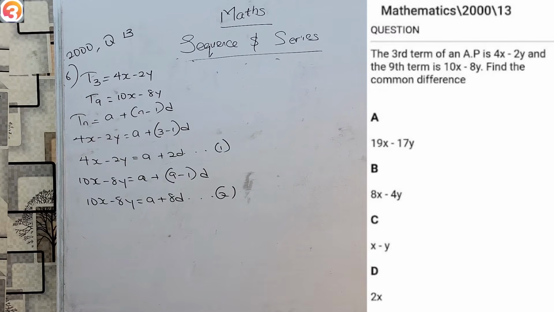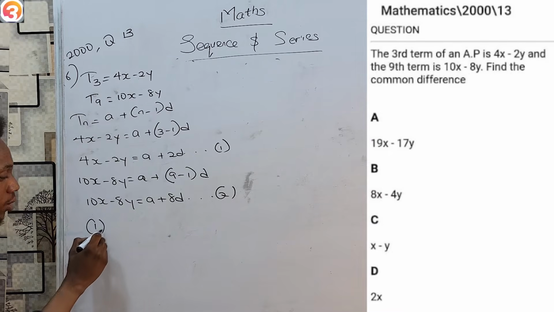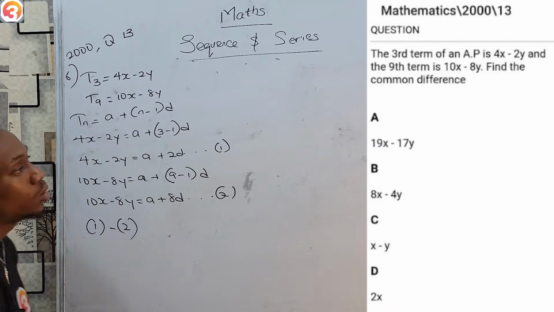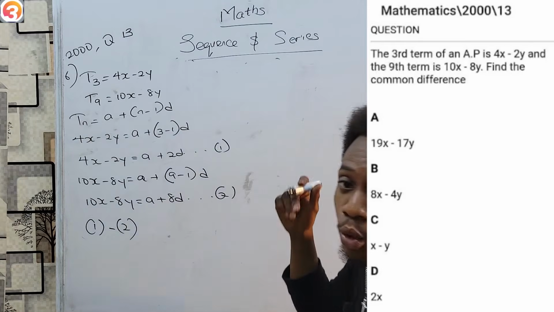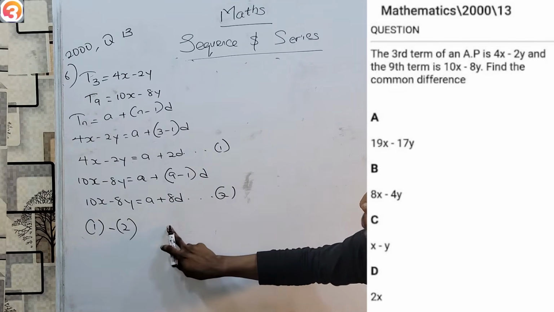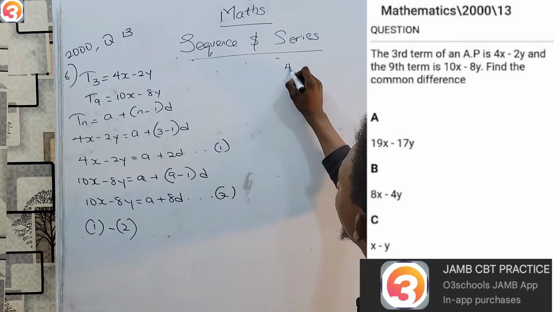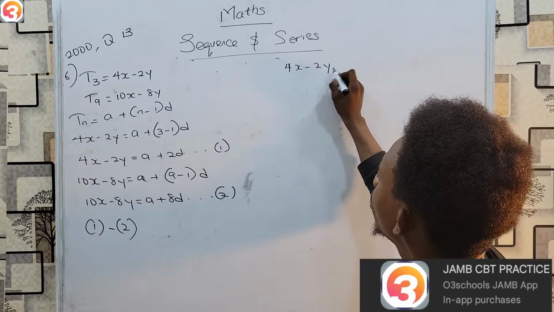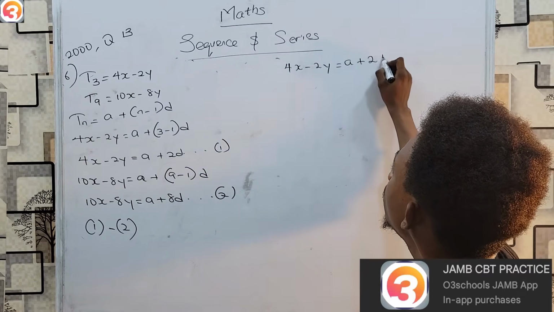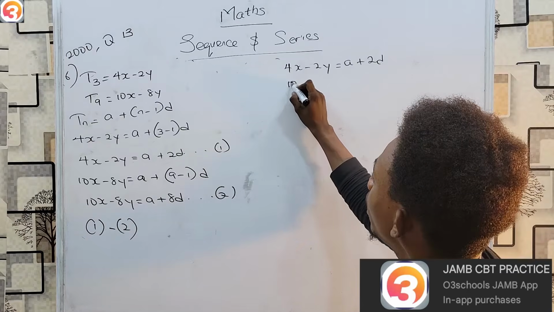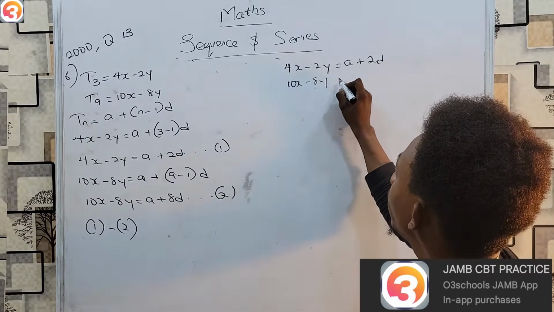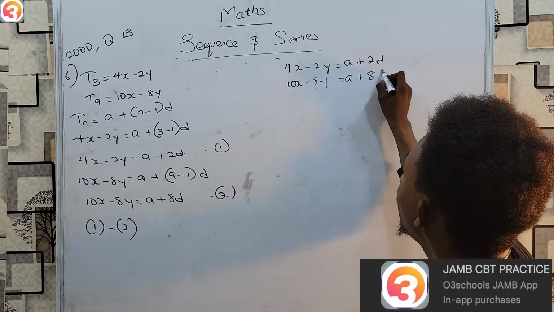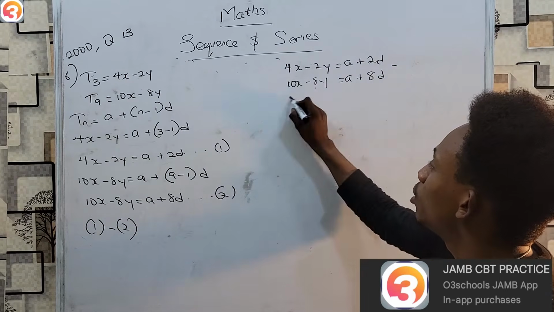I'm having two unknowns. I can simply say equation 1 minus equation 2. Let's do that over here. Well, my equation 1 is 4x minus 2y equals a plus 2d. Equation 2 is 10x minus 8y equals a plus 8d. Let's do the subtraction.